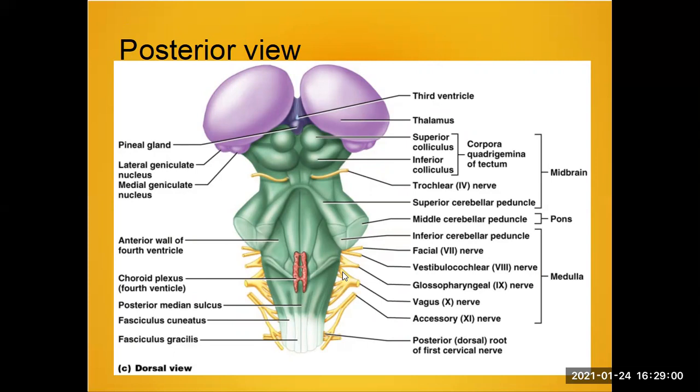Posteriorly of the brain stem: medulla oblongata, pons, and posterior surface of the midbrain.